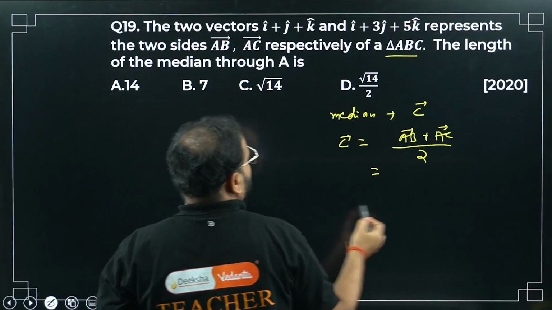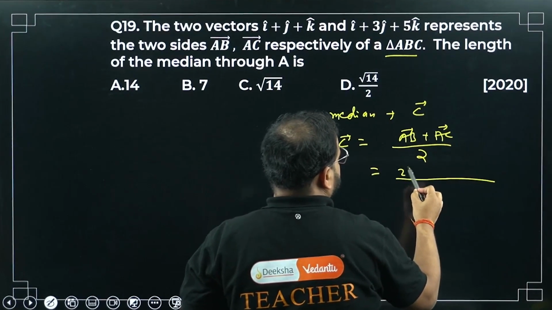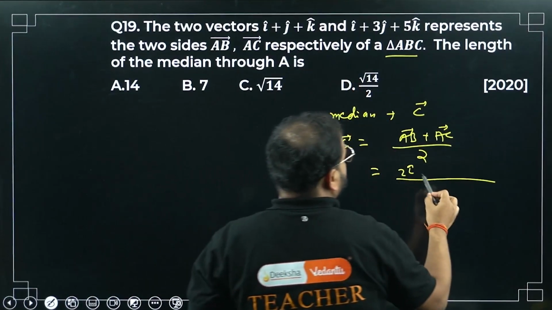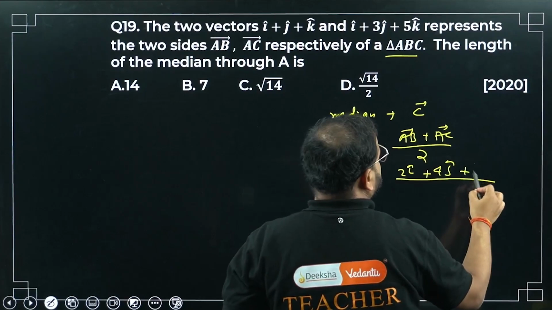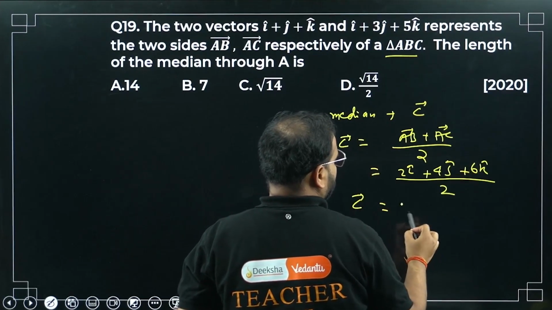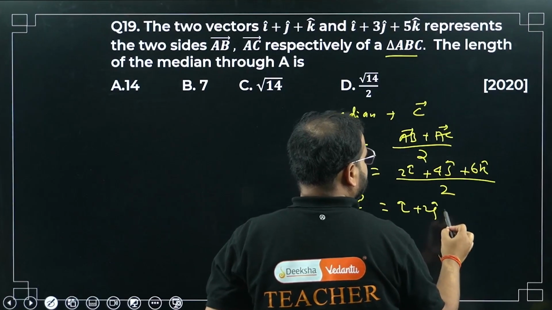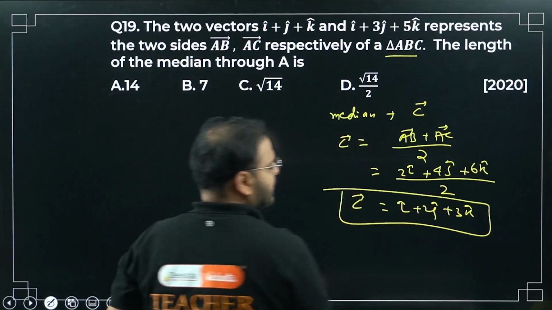Please check now. Please add this AB plus AC. So I cap plus I cap, 2I cap. J cap plus 3J cap, 4J cap. K cap plus 5K cap, 6K cap. Divide by 2. How much is that? C vector equals to I cap plus 2J cap plus 3K cap.